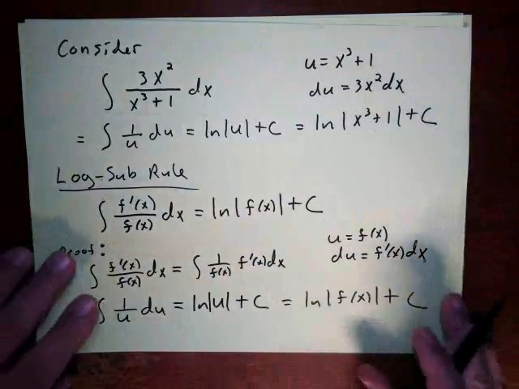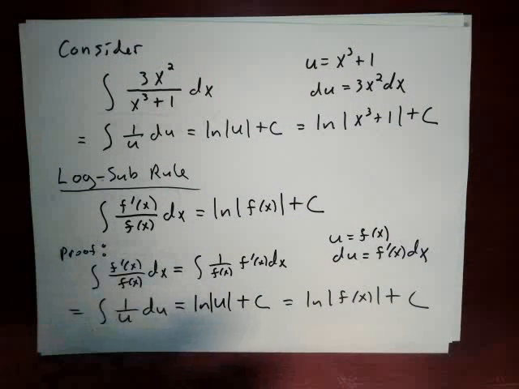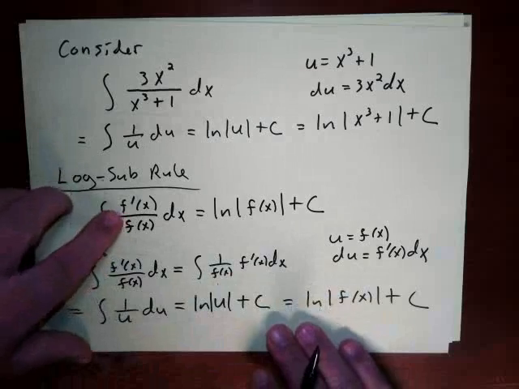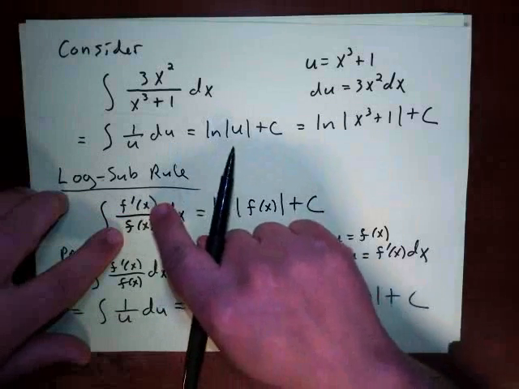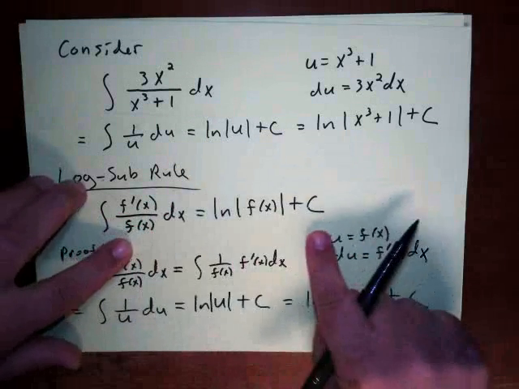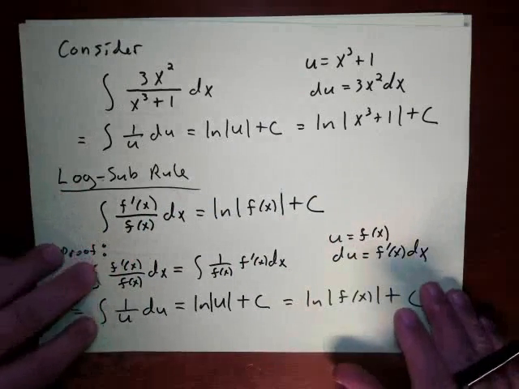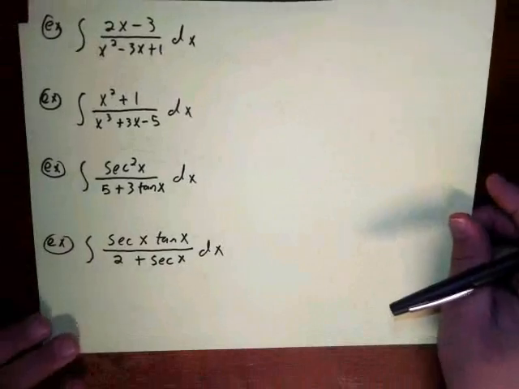So this is a nice way of thinking about these sorts of antiderivatives where you have a ratio and you have the derivative over the function. You can go right over to here. So let's just try a few examples of this.